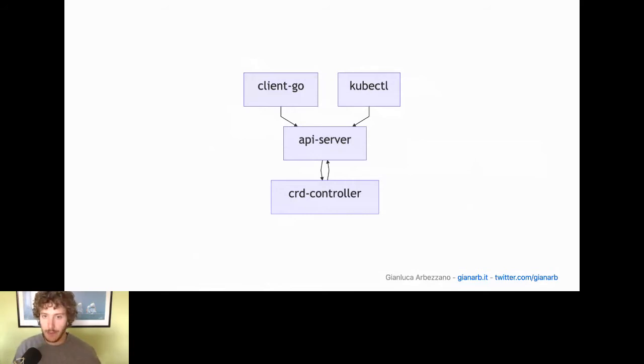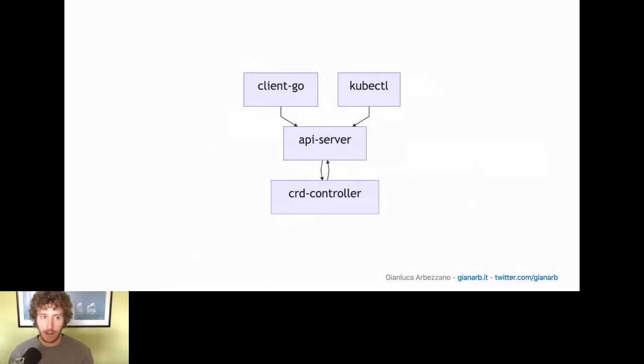So every time client-go and kubectl interact with the API server, as they do for any resources like pods and services, if they call your CRD, the API server will know who to ask for. It works almost in this way. Technically, it fires events and does stuff like that. But the general idea, if you never looked at a CRD, is that's how you should think about it.